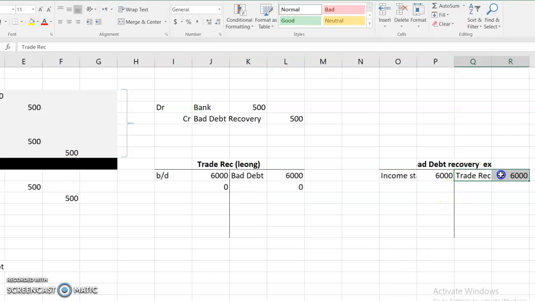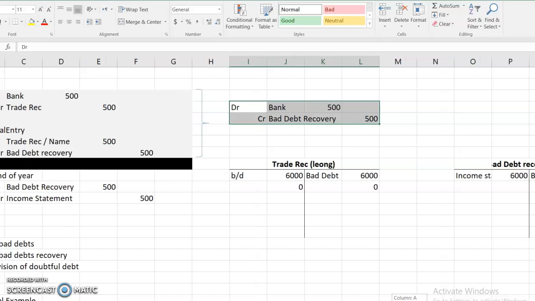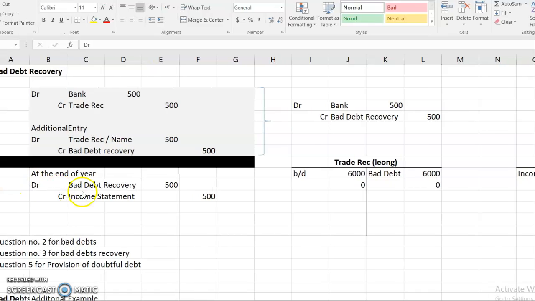I directly do 6000 here, 6000 here. So instead of trade receivable, I directly make this entry, which is easier for me to do. Now this is how you do bad debts recovery.